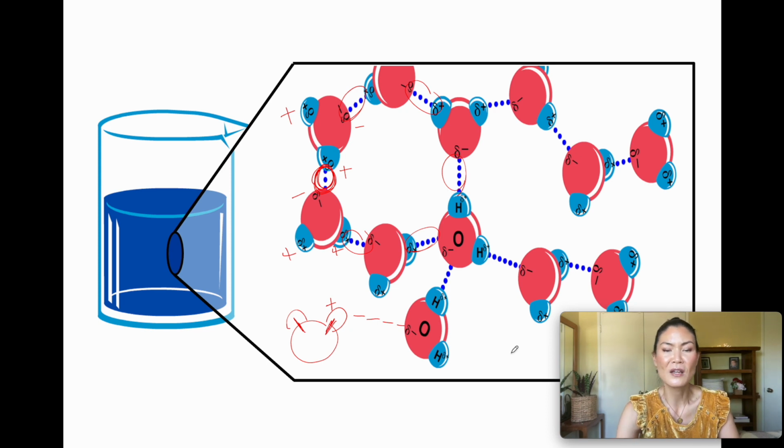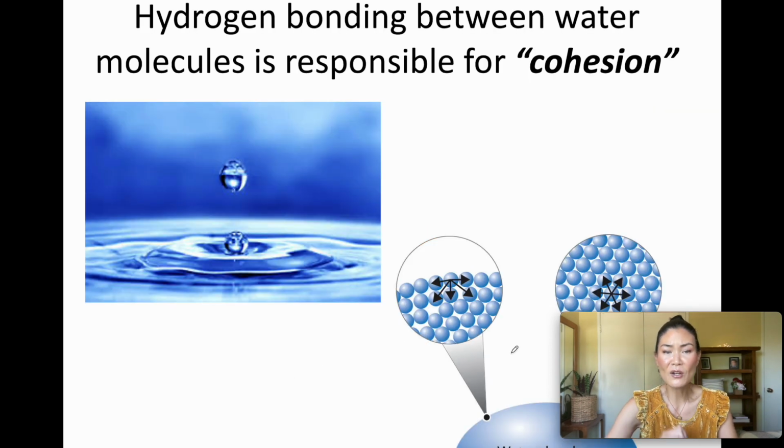That's what we call cohesion. Hydrogen bonding between water molecules is responsible for cohesion. Cohesion is when molecules of the same kind are attracted to each other. Water attracted to water.